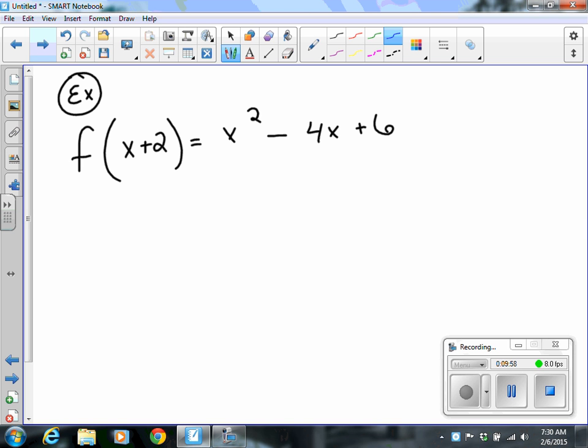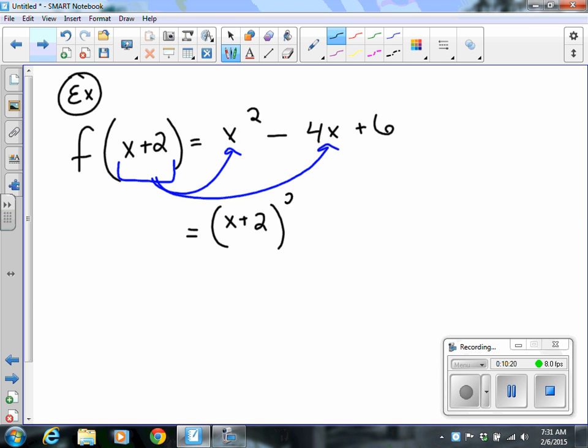So what I'm going to do to evaluate this is take this x plus 2 and plug it into my x spots. That's what that f of x part means, that I'm going to solve this for x plus 2. So I go ahead and plug this in. I'm going to let you work this out and see how you do, and then we'll come back.